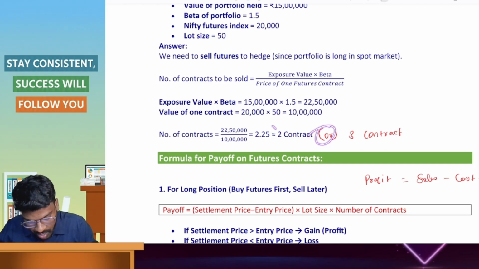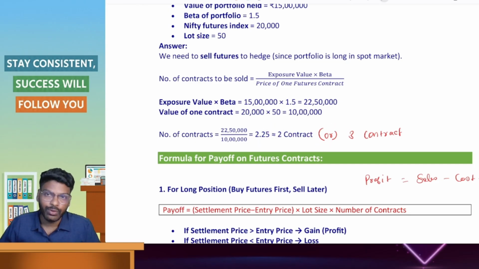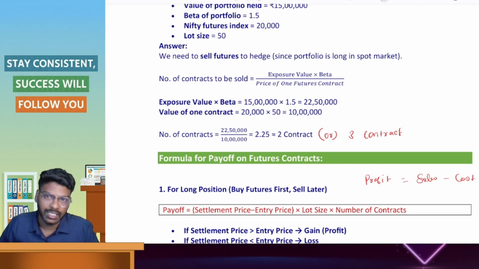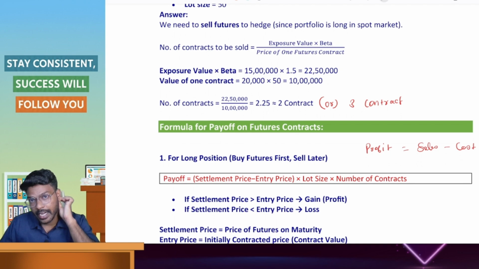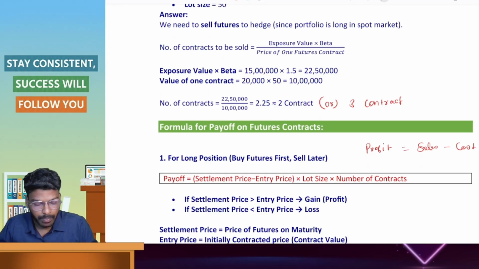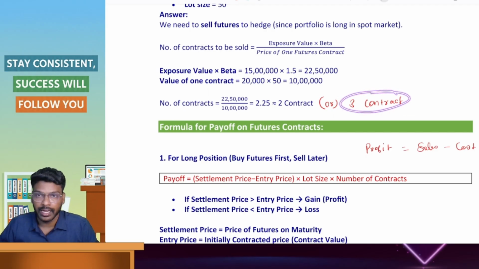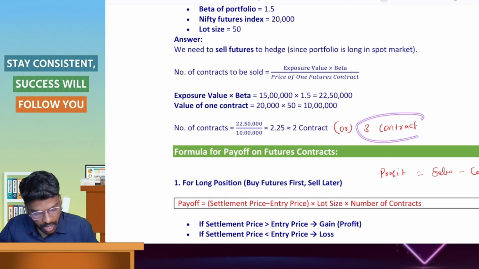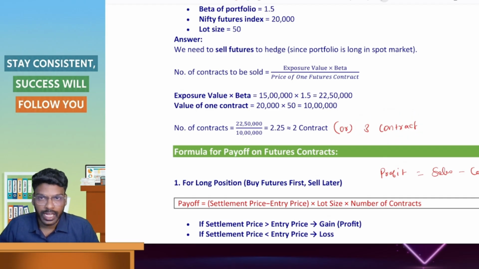In case of MCQ, you may lose the mark if it is not clearly given in the options whether upward rounding off or downside rounding off will be done. If downside rounding off is done, then 2 contracts. If upside rounding off is done, then it is 3 contracts. It will be given in the question, or you can assume. Generally upward rounding off will be done in case of derivatives.